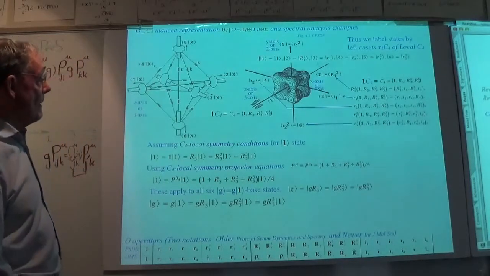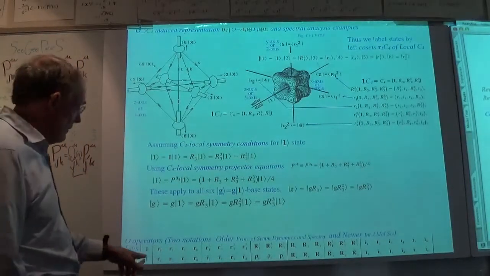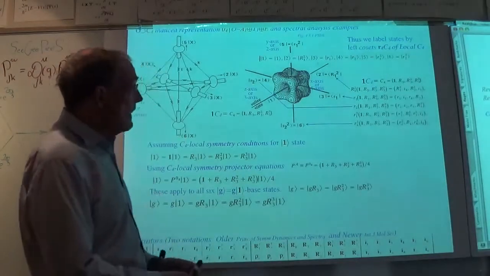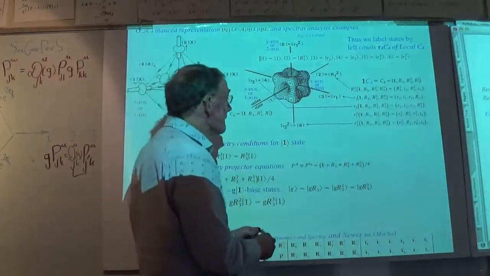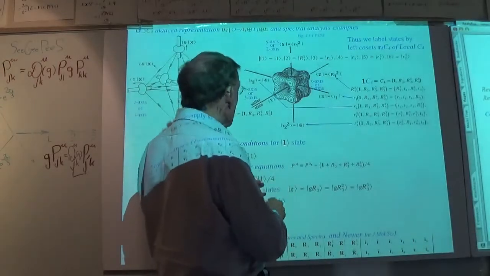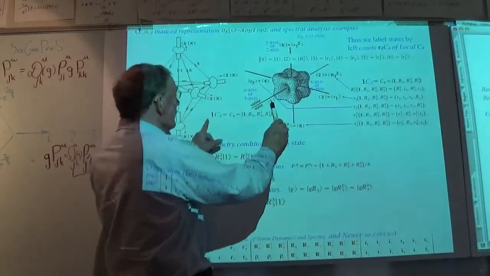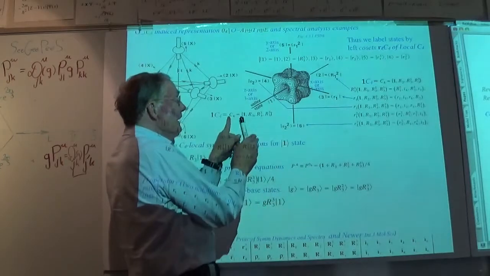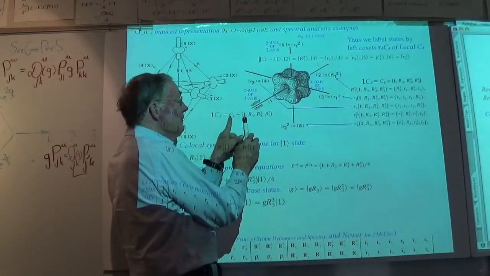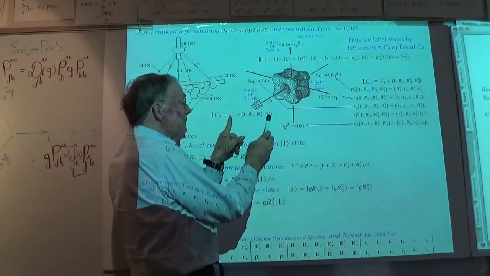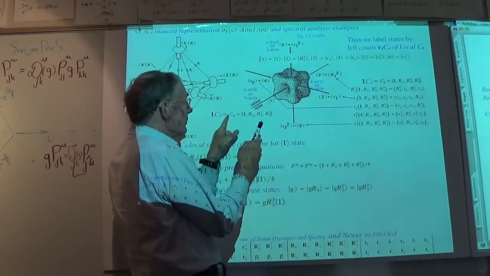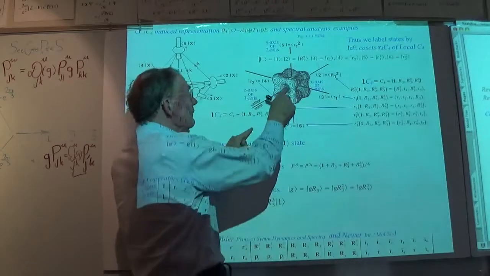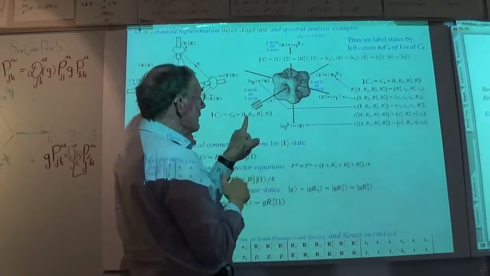So what we're going to do, and here are all the cosets, here's another way to look at what all of those states are. I start out with this state right here that satisfies the fact that I can do a projection operator with all 3 of those things and it won't change it. So this is a local symmetry of this particular guy right there.